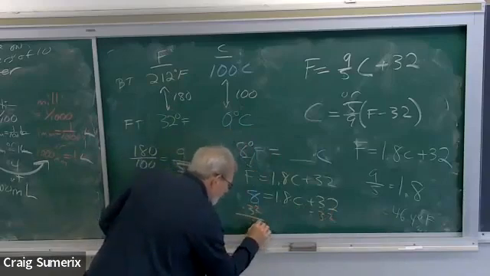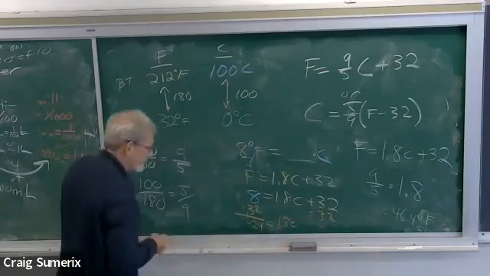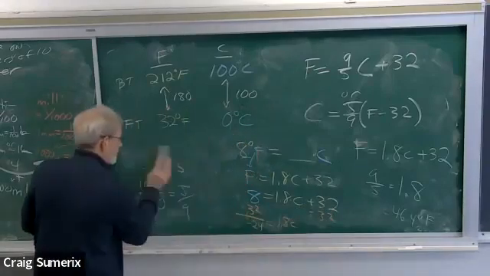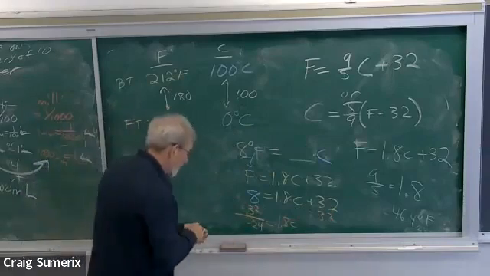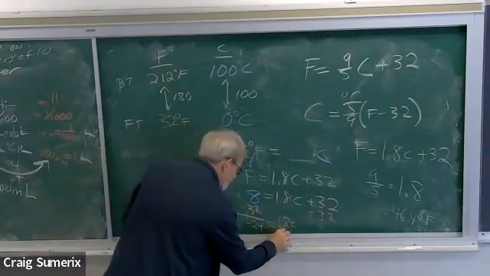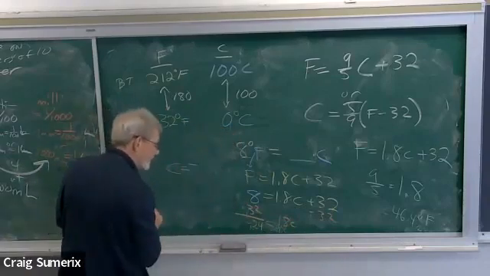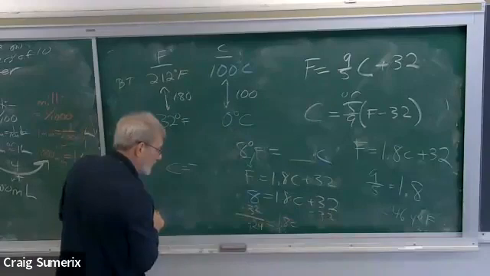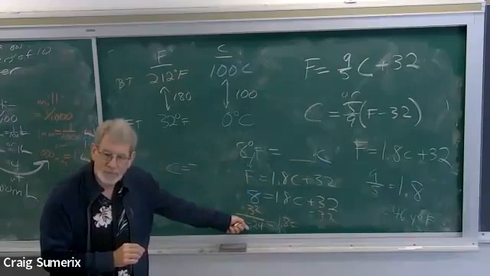Ooh, I get negative 24 degrees is equal to 1.8 C. And divide by 1.8. Somebody help me out with that. C is equal to negative 24 divided by 1.8.